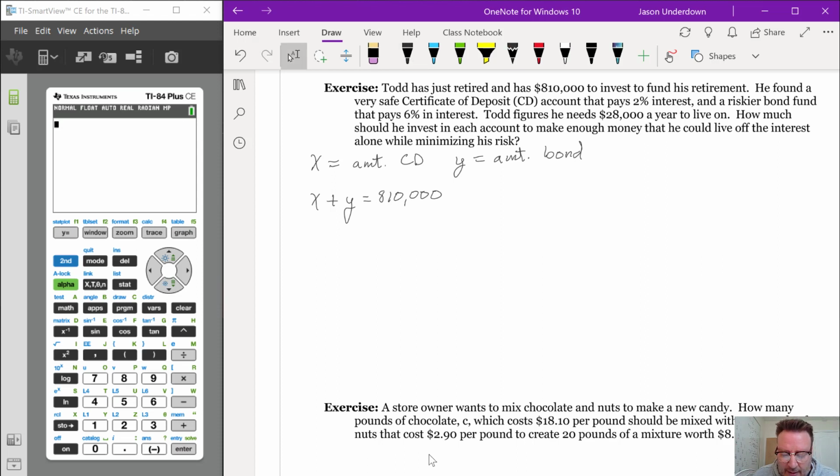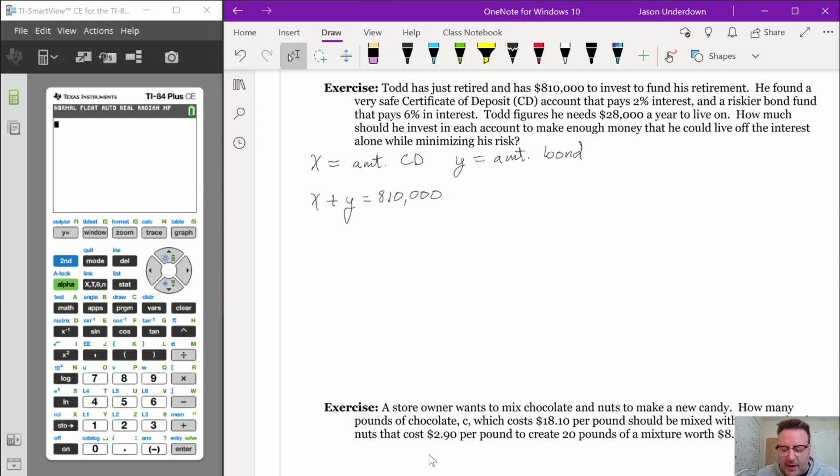Okay, next we have the interest. He wants to live off of $28,000 a year from interest. So what is the interest he'll gain each year from the x dollars he puts into the CD? Since it's 2% interest, it'll be 0.02x. That's the interest he'll get each year from the amount he invests in the CD.